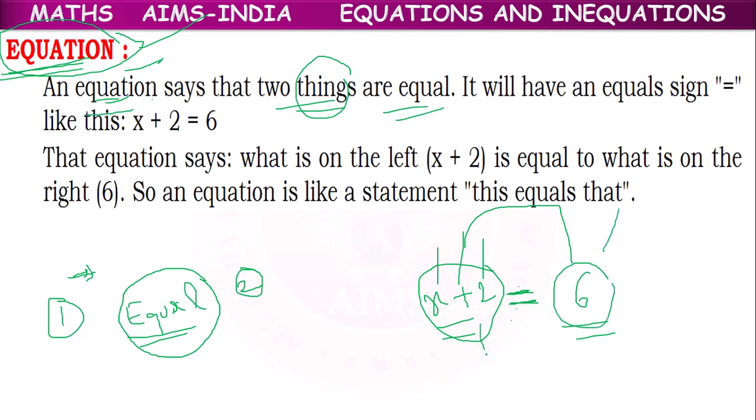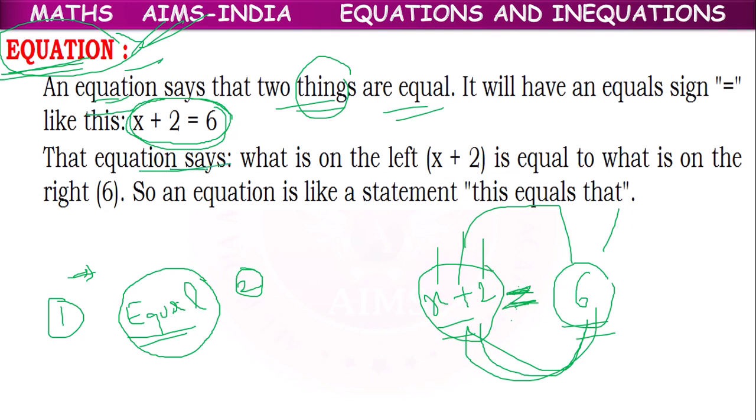When comparing these mathematical sentences, we make use of the equality symbol, and this whole thing, x plus 2 equal to 6, is considered an equation.